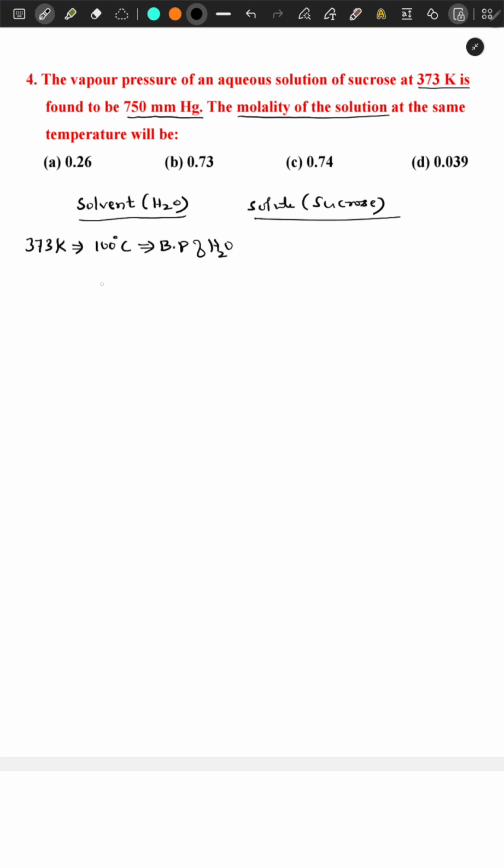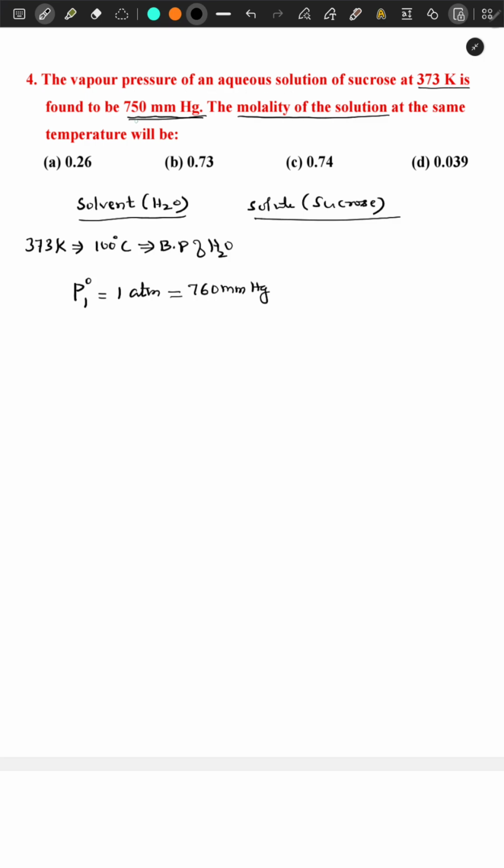So remember at boiling point the vapor pressure of pure water, that is P01, vapor pressure of pure solvent, will always be 1 atm. Since the pressure is given in millimeter of mercury, we have to write 1 atm in terms of millimeter of mercury. So 1 atm is nothing but 760 millimeter of mercury, that is P01 for the solvent. And then what else is given?